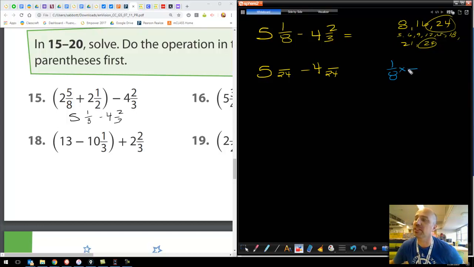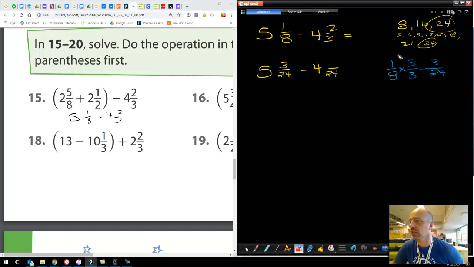I'm going to multiply it by something to get 24ths. So 8 times what is 24? 8 times 3 is 24. So 1 times 3, and do the same thing to our numerator, we get 3/24ths. So 1/8 gets turned into 3/24ths, and I'll put that down here.